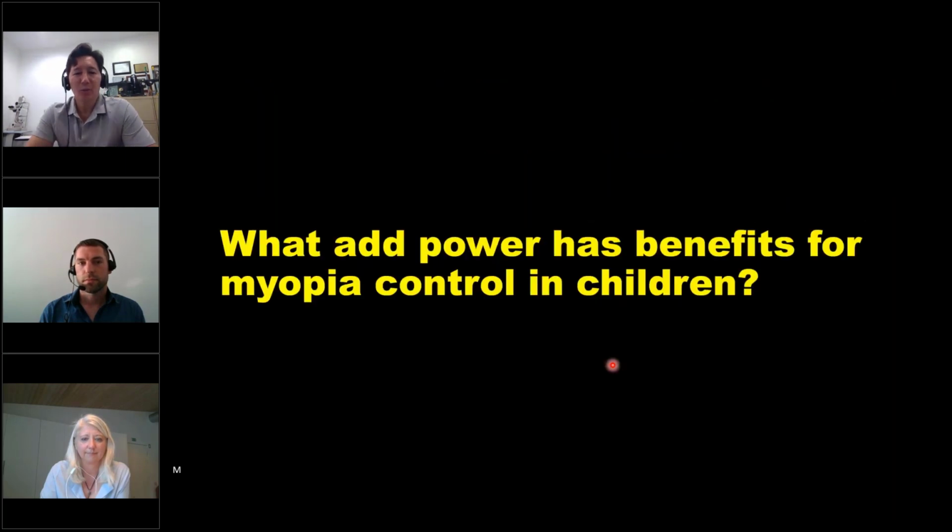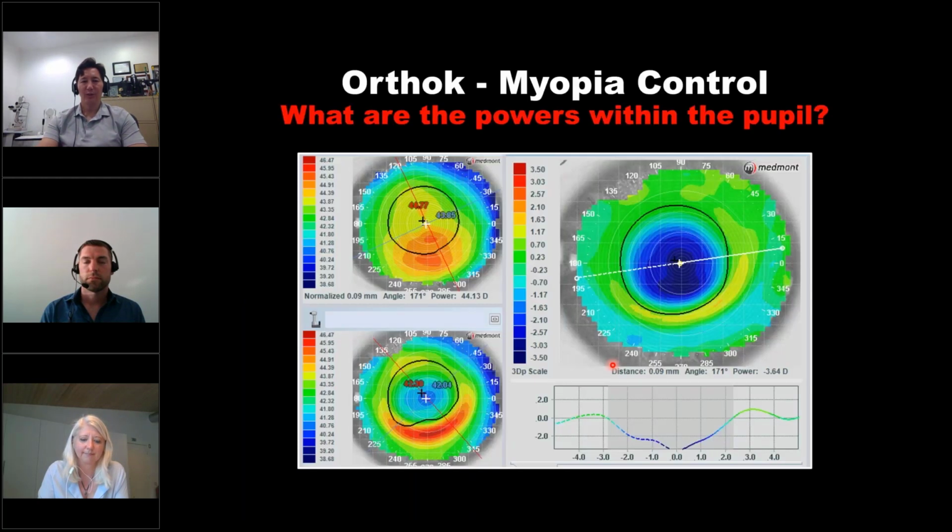Now, next question, what add power has benefits for myopia control in kids? And we discussed along the way how we might use the Medmont topographer to have an appreciation of the power distribution within the eye.